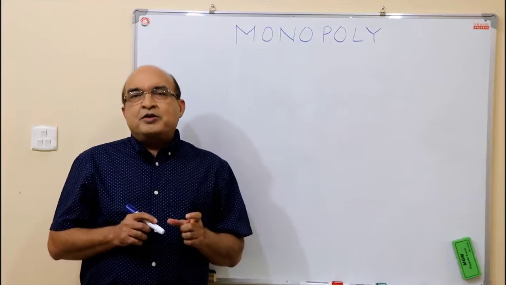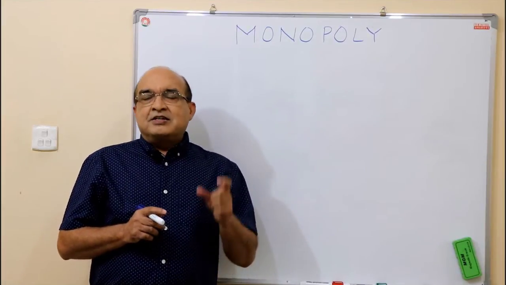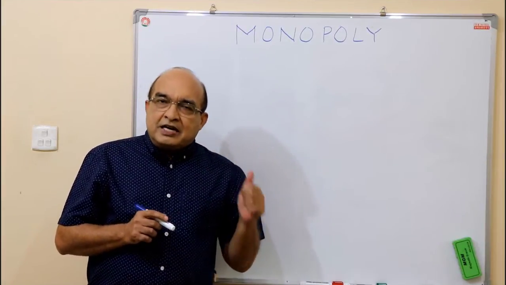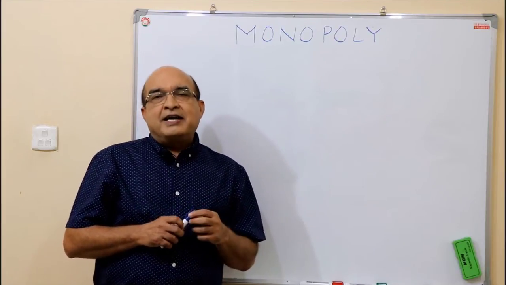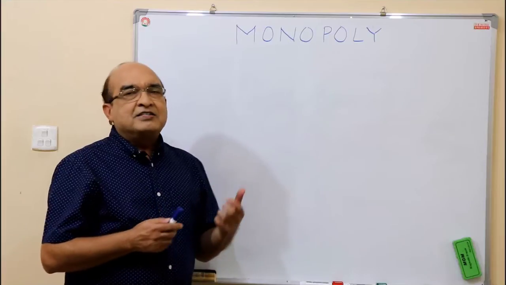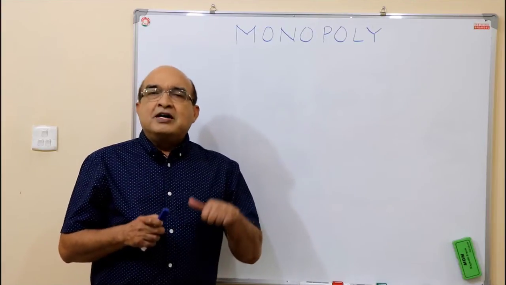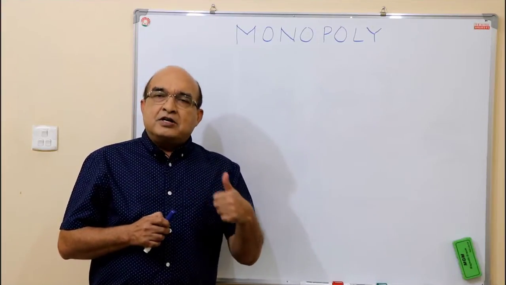Whereas perfect competition is characterized by a large number of firms, monopoly, on the other hand, is characterized by the fact that there is only one firm supplying a particular commodity to the market.